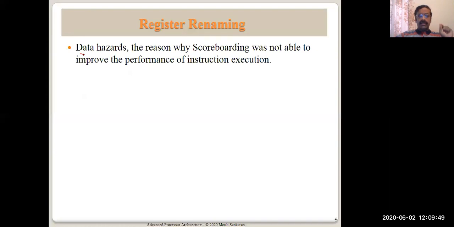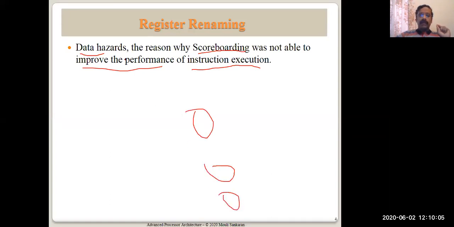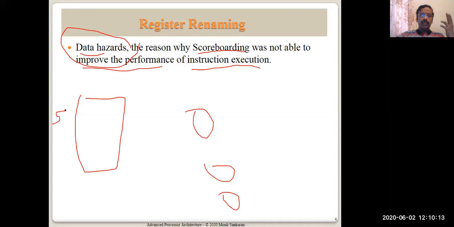Data hazards, we saw that in the pipeline as well as in the superscalar processor. Especially the scoreboarding we saw yesterday was not able to improve the performance of instruction execution. Though we have so many multiple units, because of data hazards, we were not able to make use of them. If you see the set of instructions, they were all adding up to some 54 cycles totally.